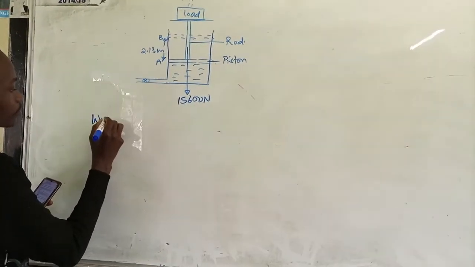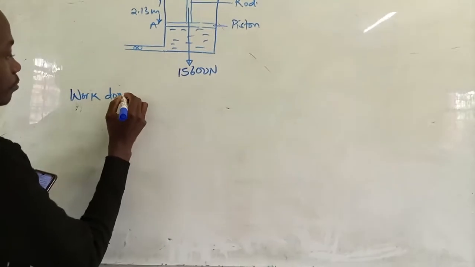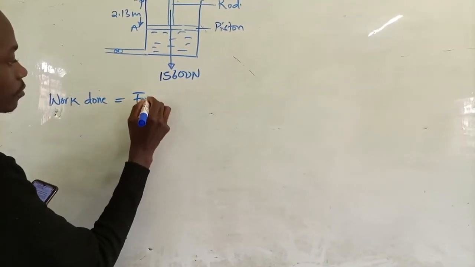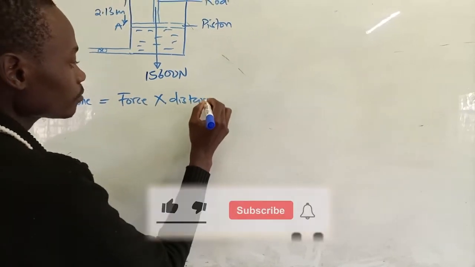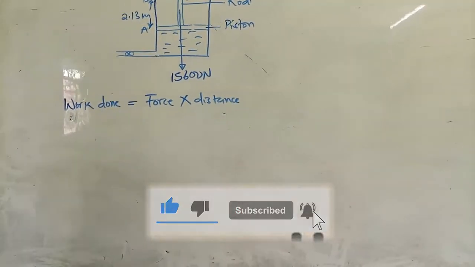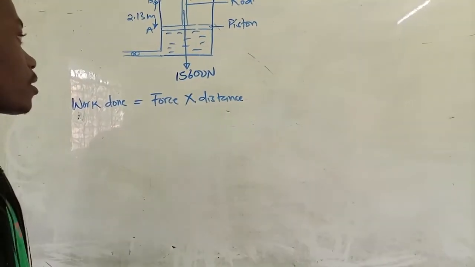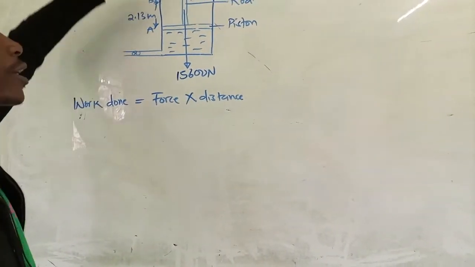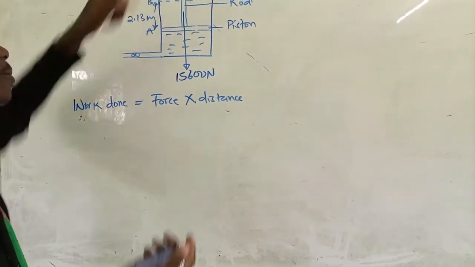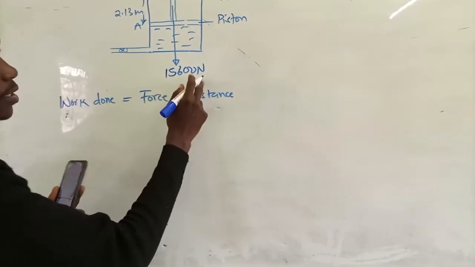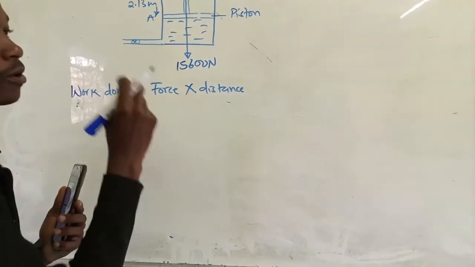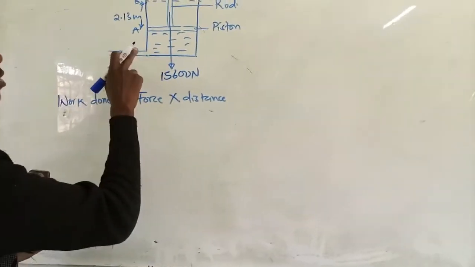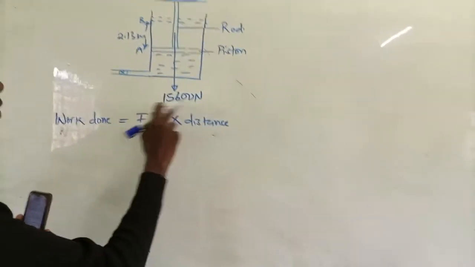Work done is equal to force times the distance. Of course, the distance traveled in the direction of the force. So the force is the weight of the load itself, the car. The car is of this weight, so the force applied down here is to lift the load, meaning this force is just counterbalancing that.